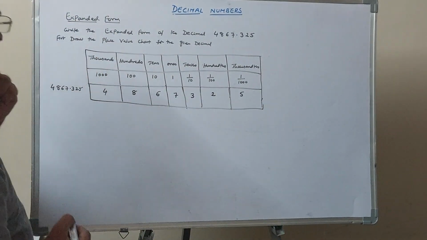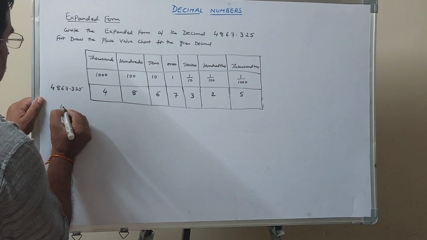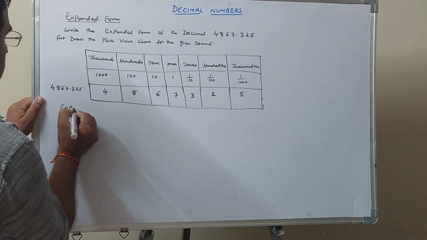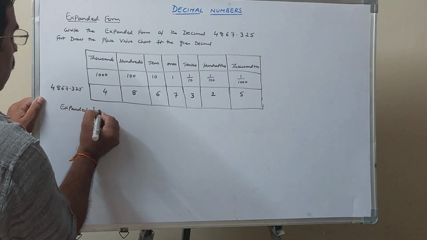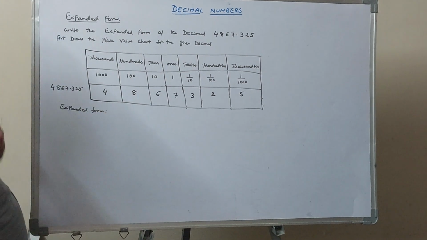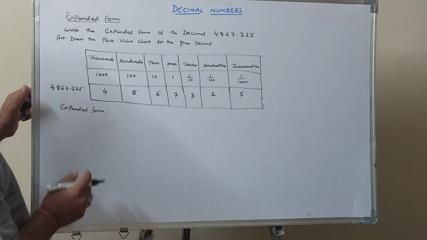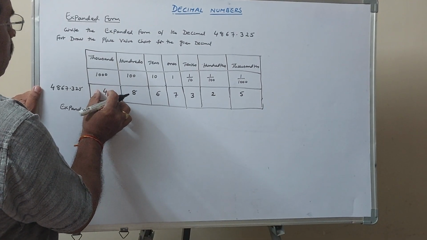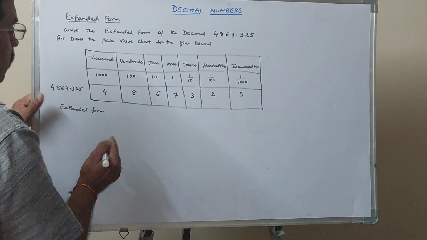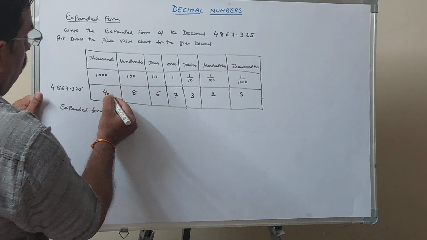Now you see expanded form. How to write the expanded form? Multiply the digit in the place value with the place values. See here, number 4 into 1000.